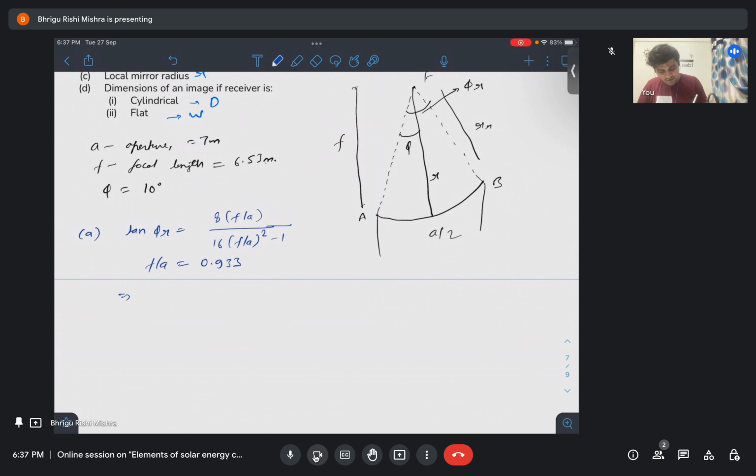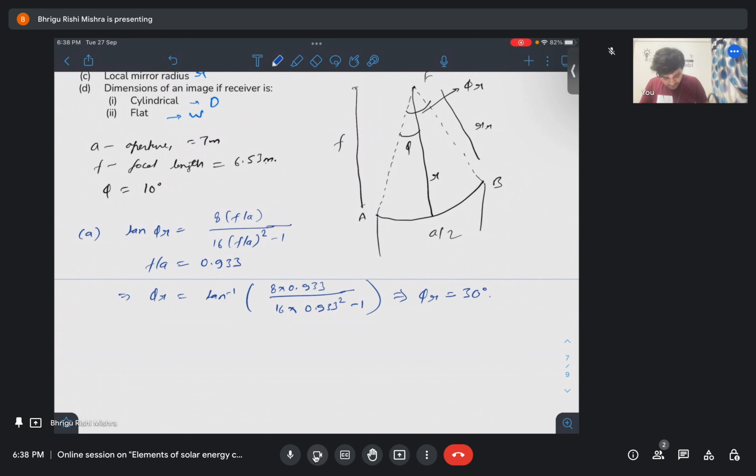So phi r is tan inverse of 8 into 0.933 divided by 16 into 0.933 whole square minus 1. If you solve this, it turns out that phi r equals 30 degree.